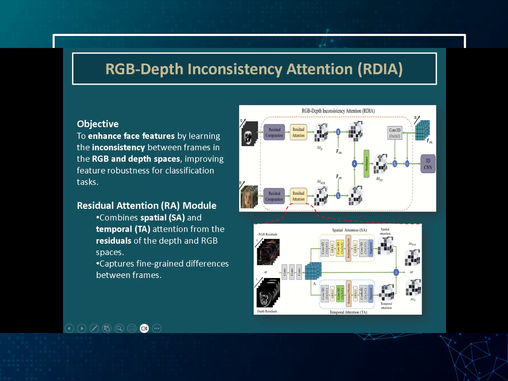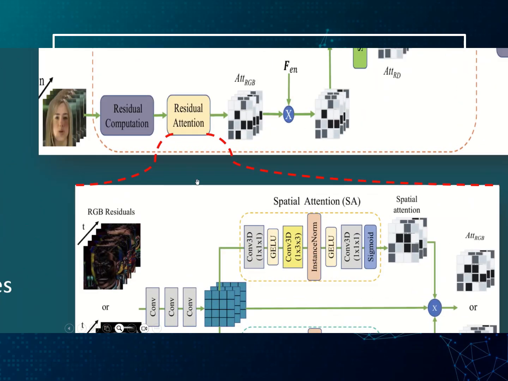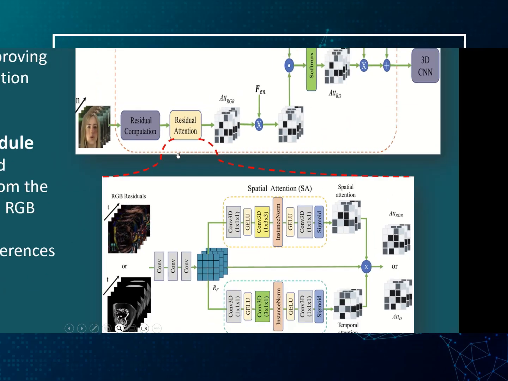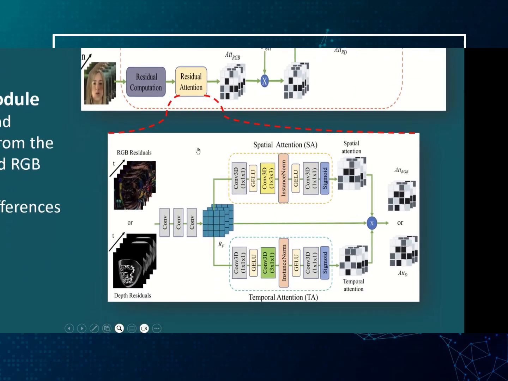After finding the residual computation, they use the residual attention, which is explained here. Why is this important? Because residual attention focuses on both the temporal aspect and the spatial aspect. First, suppose for the RGB residual, they pass the RGB residual to the residual attention, and they use the 3D convolution to again find more features.